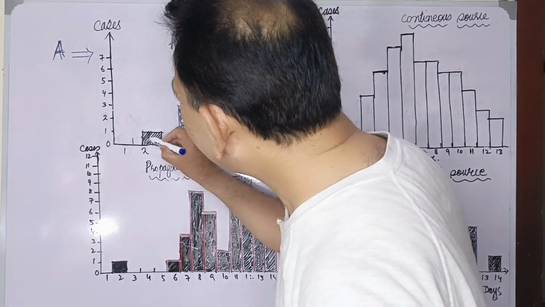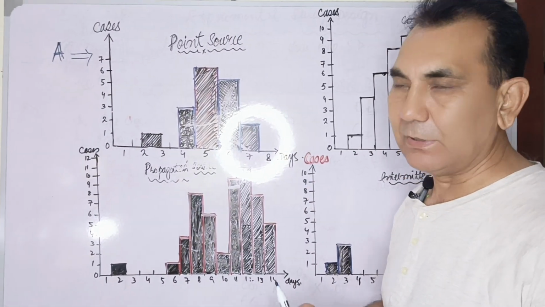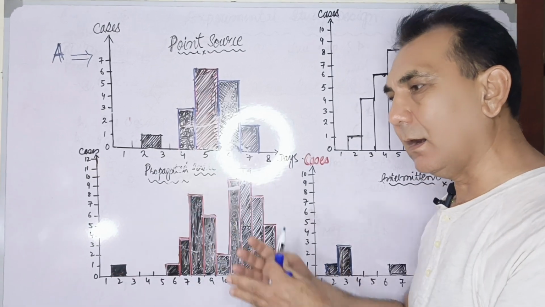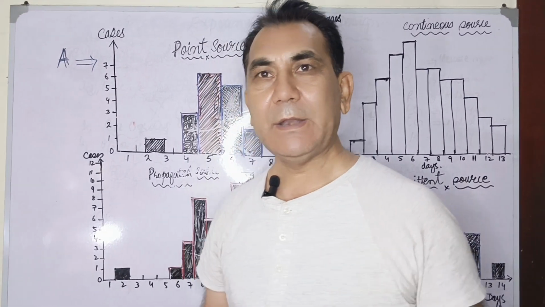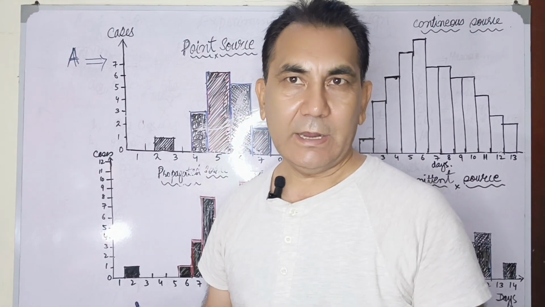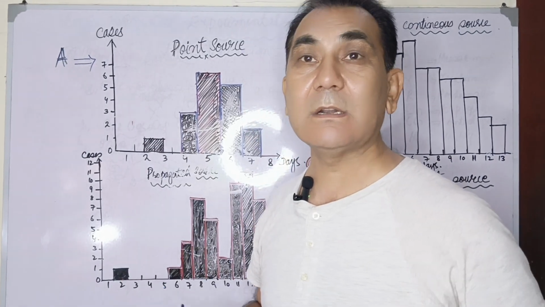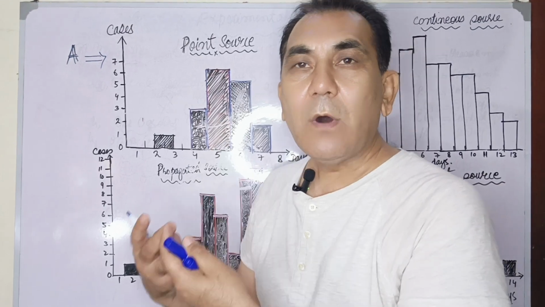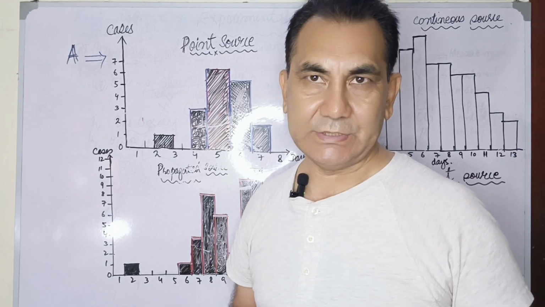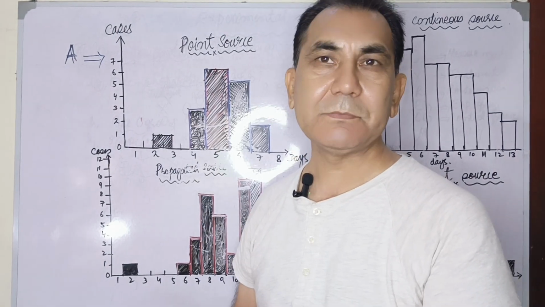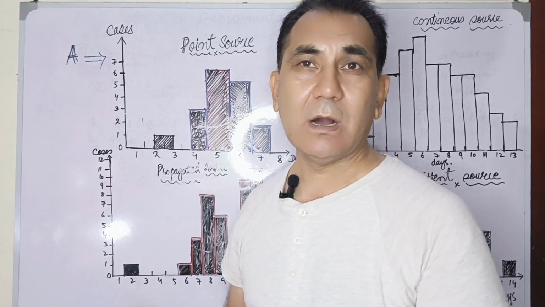Okay, so this is called the point source, and it mostly happens in an event where people are invited to a restaurant or a marriage hall, and they ate contaminated food or any contaminated item. By this contaminated item they fall ill or get an attack rate of a disease. It may be diarrhea, sore throat, streptococcus, E. coli or Shigella.